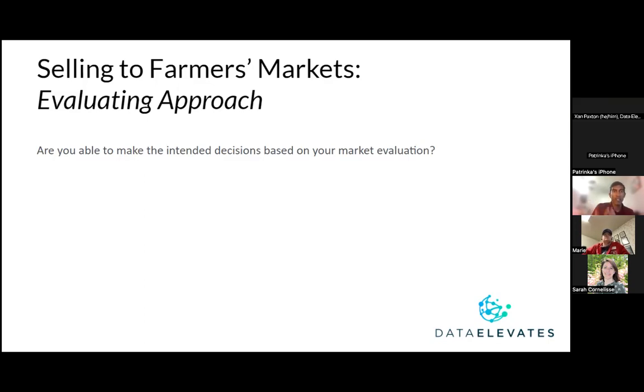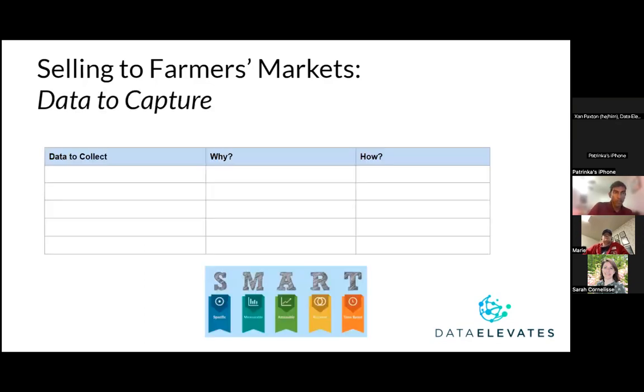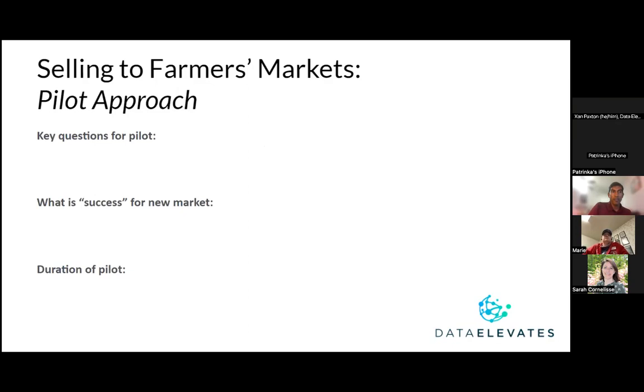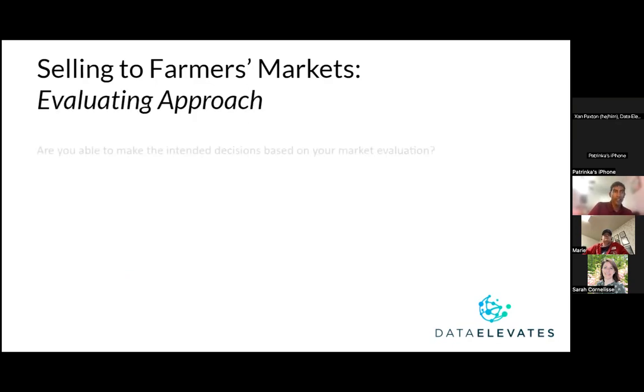Are you actually able to make the decisions that you want to make based off the evaluation? If not, then you might be collecting the wrong information, or you might not be defining success well enough, or might not have the right question you're asking. Hopefully you find it before the 8 weeks, but you want to, of course, improve on how you're doing things as well.